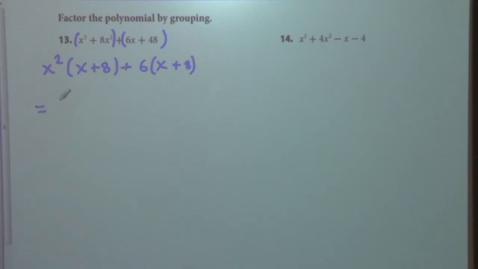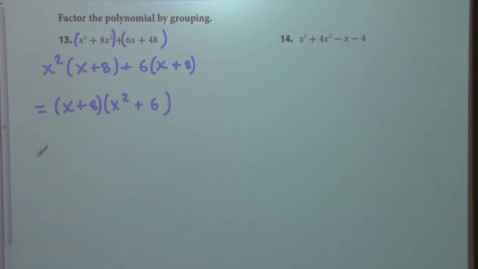So anyway, what we do is we have a common factor. So now we factor out this x plus 8. And then what do we have over here? X squared plus 6. And in this case, we don't have a difference of squares here, so we can't factor this any further.